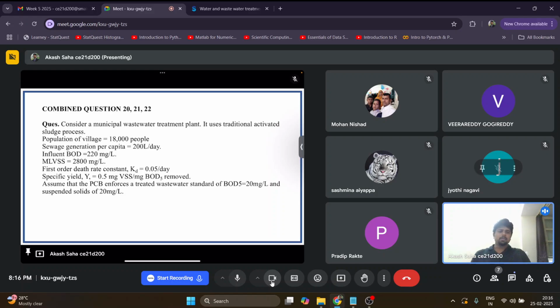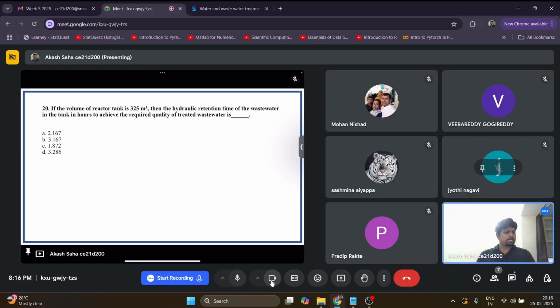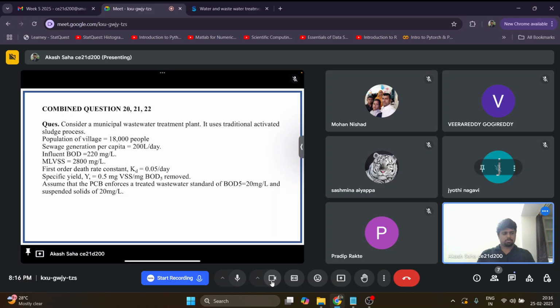So what would be my hydraulic retention time if the volume is 325 meter cube? Very direct. Just tell me the answer, and mind you, the answer is in hours. So take care of the unit and answer in terms of hours.